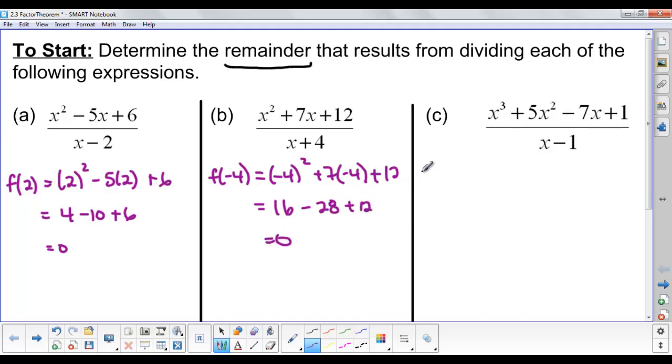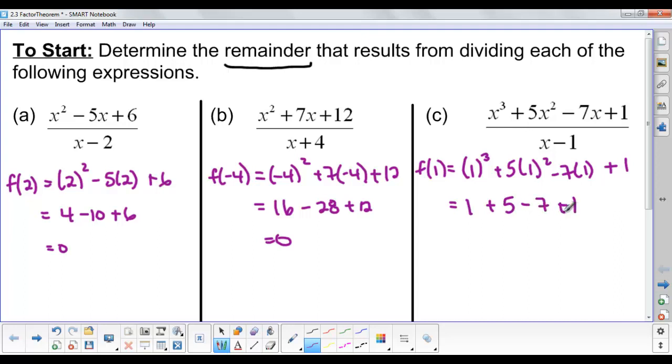Again, and one last time, sub in the test root: 1 cubed plus 5 times 1 squared minus 7 times 1 plus 1. And again, we get 0.